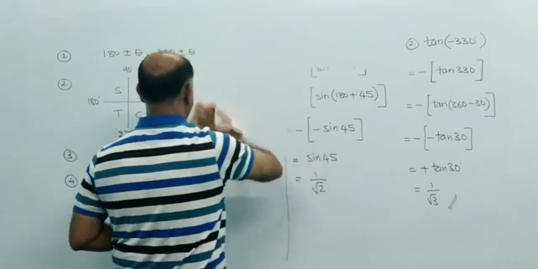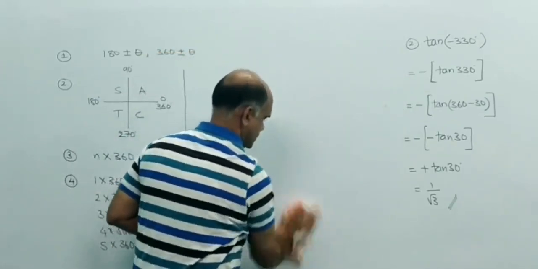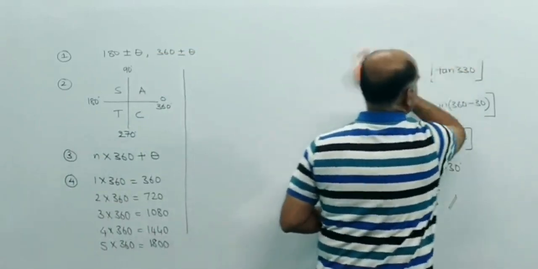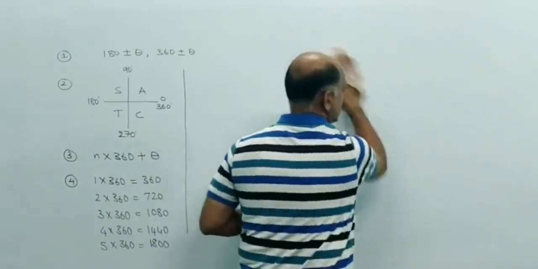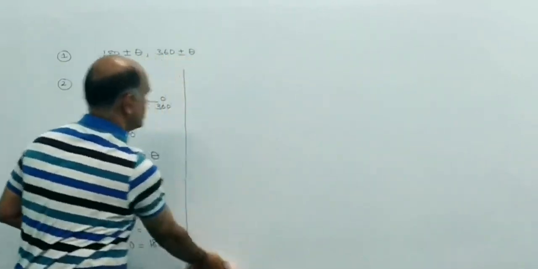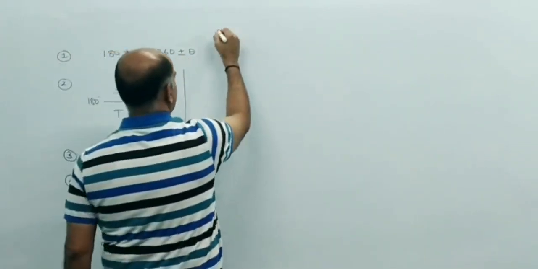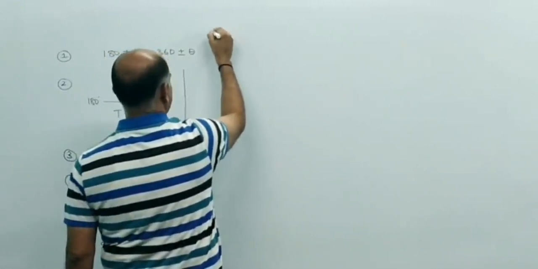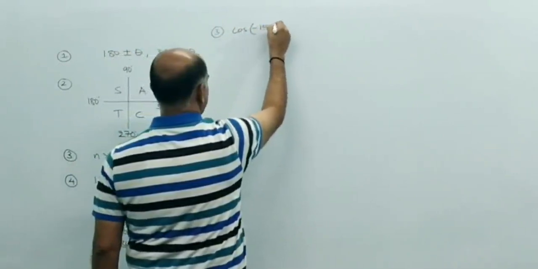Next, if I take the third one, cos of minus 150.